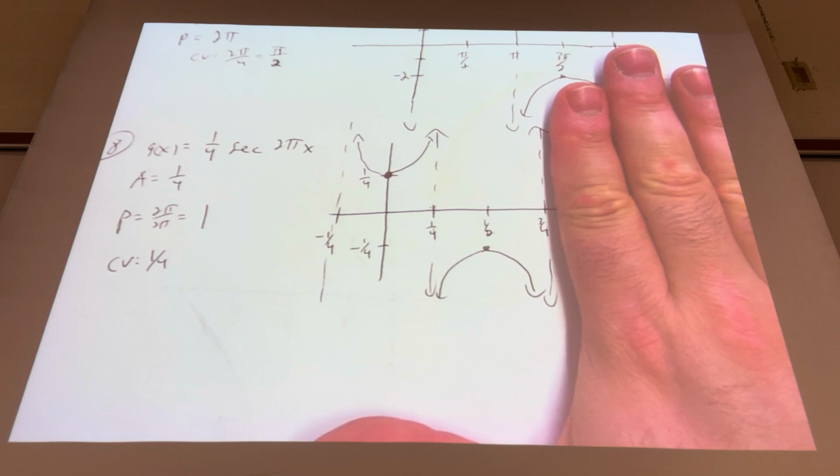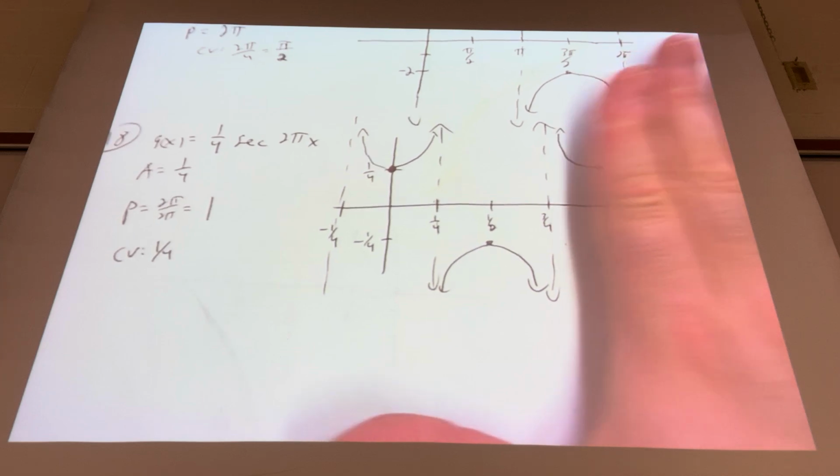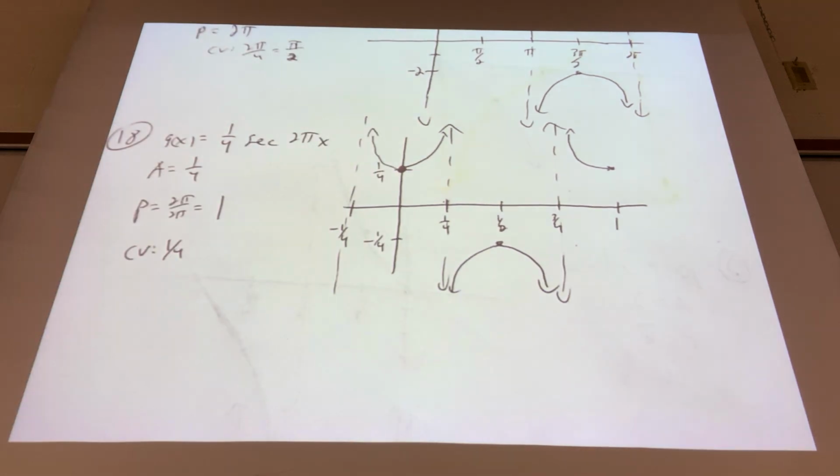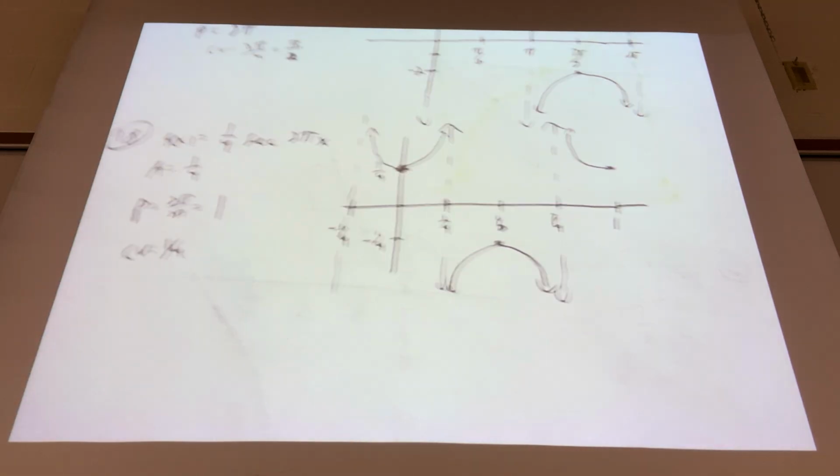I found over the years that when I go both directions, I understand it, but many of you will not and start getting confused. So I will always just start at the 0 and move to the right. But remember, all these graphs can go both directions, to the left and to the right.